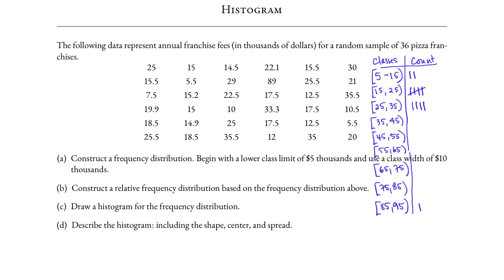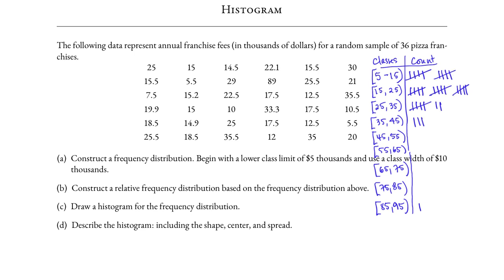Next, 7.5 is between 5 and 15. 15.2 is between 15 and 25. 22.5 is in the second class. 17.5, second class. 12.5 in the first class. And 35.5 is between 35 and 45. And we keep doing this until we get to the last number in the data set.